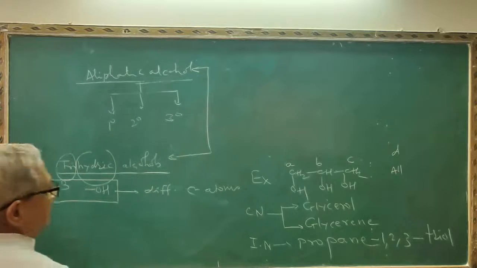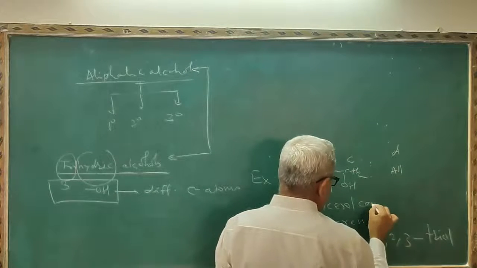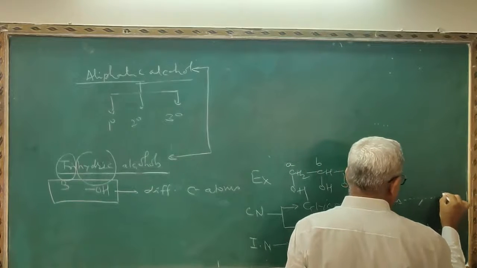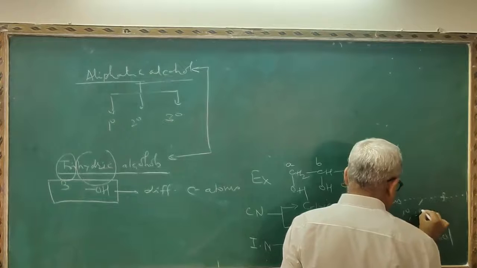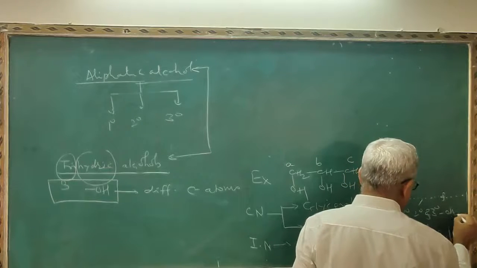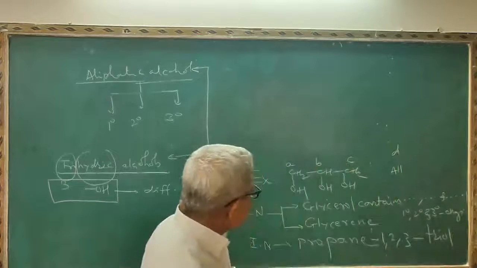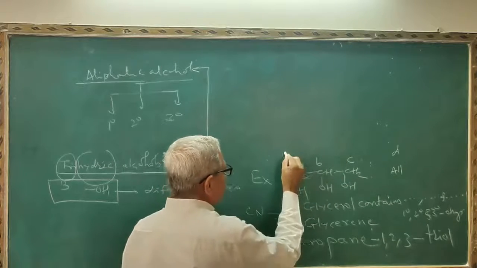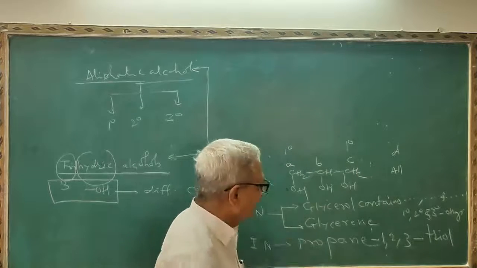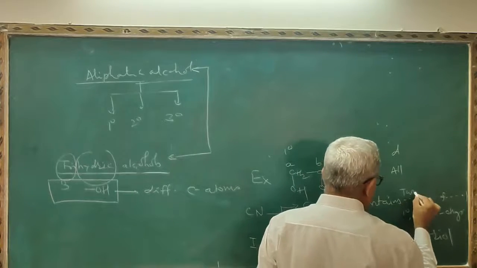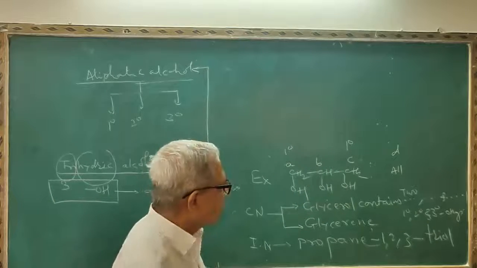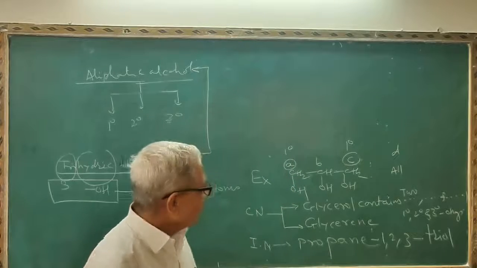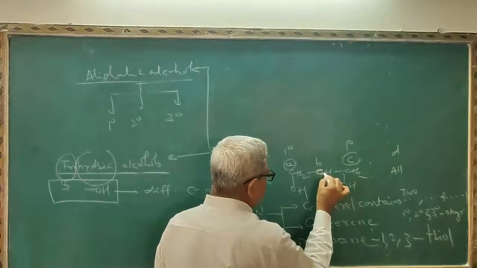Now first question: glycerol contains dash dash comma dash dash and dash dash primary, secondary and tertiary OH groups. Now see, this is the first OH group, this is the second OH group, third OH group. So A is primary, C is primary, therefore it contains 2 primary alcoholic groups and these are at the positions A and C. What is the type of this carbon atom?